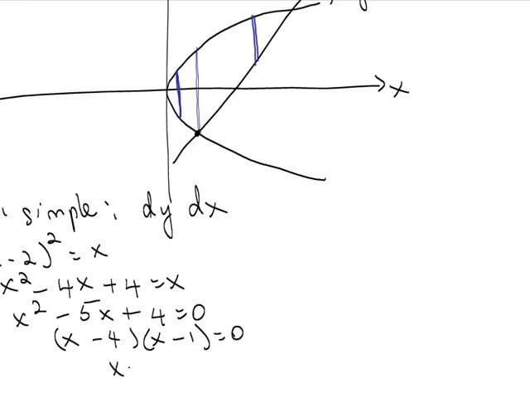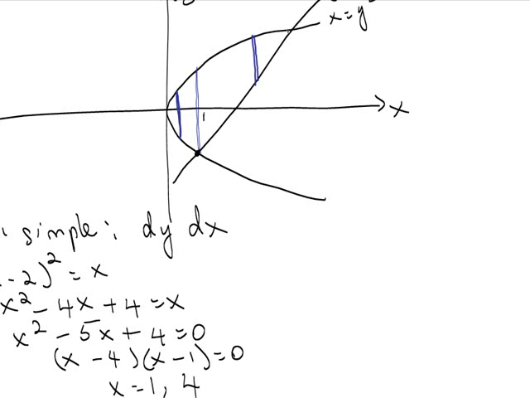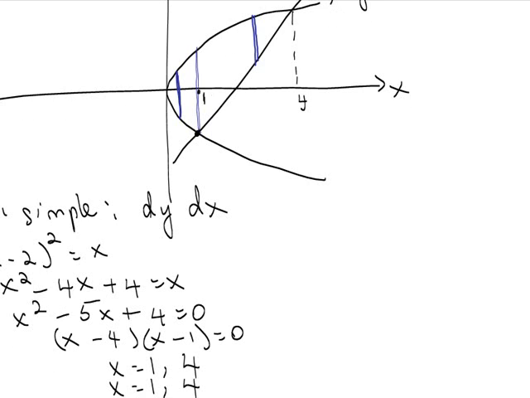So x is 1 and 4. So this tells me that this here is 1 because that's a point of intersection of the line and the curve, and this here is 4. So this is a little challenging one, all right? Okay, I'm ready. We ready to set up?